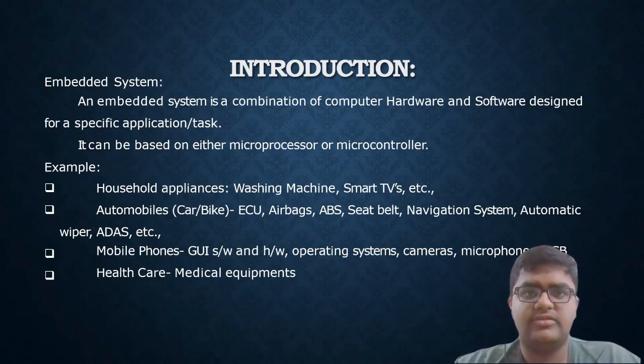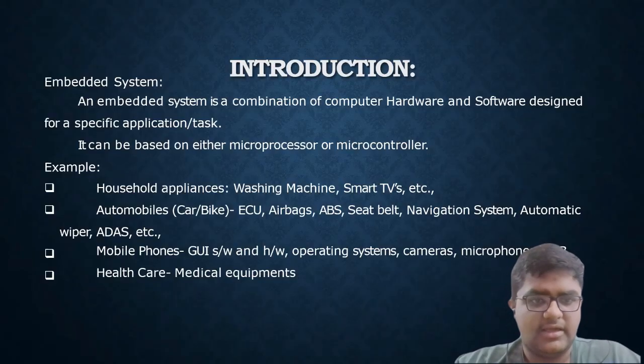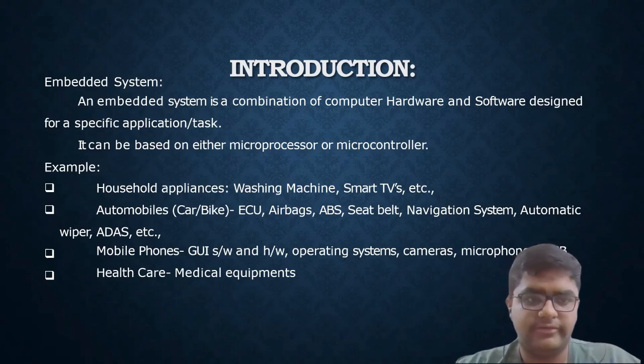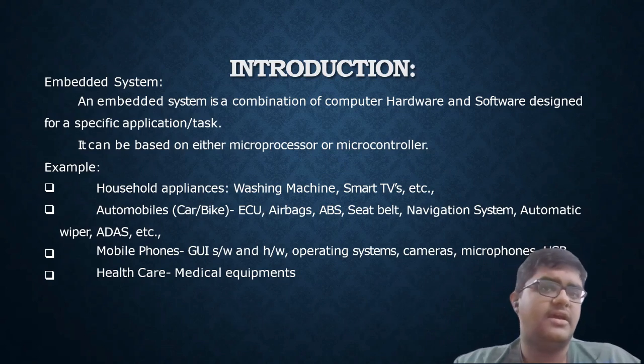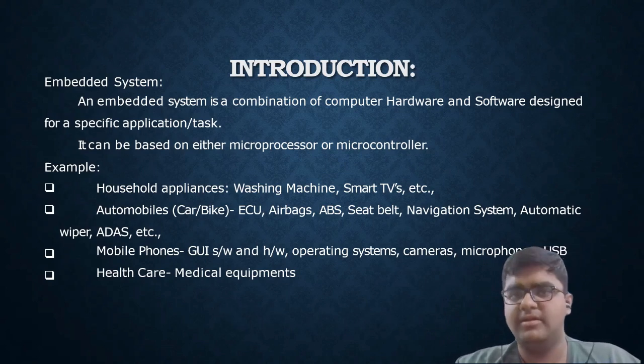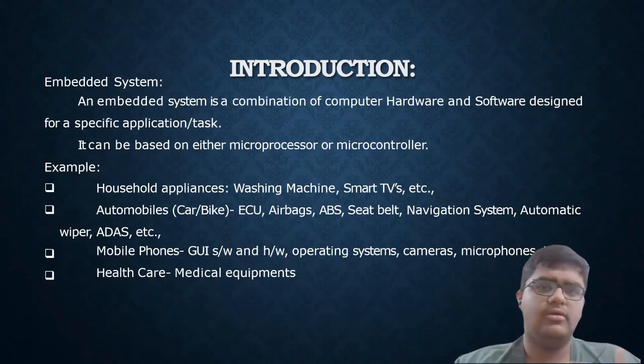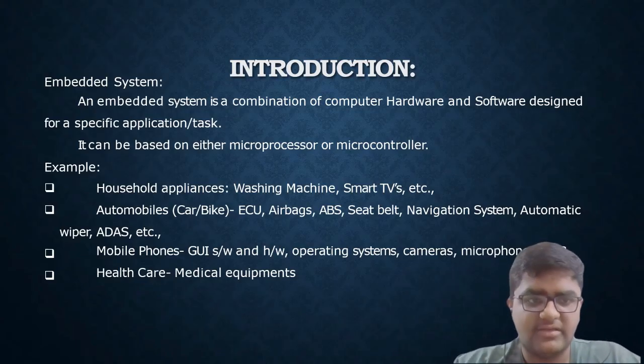These systems are used everywhere these days, like household appliances, as you can see, we have created a microwave oven, and automobile systems. In mobile phones, there are specific systems that are classified as embedded, but not the whole mobile system is actually an embedded system. It's more of an all-purpose system and not for a specific task.